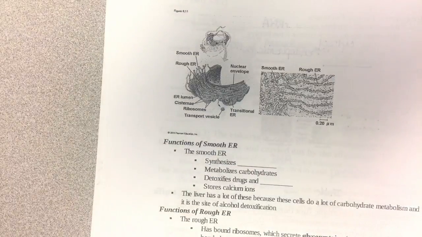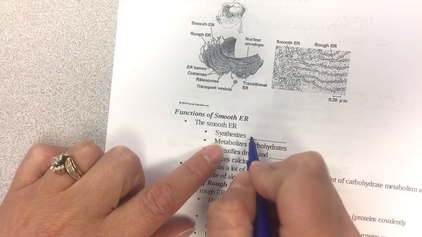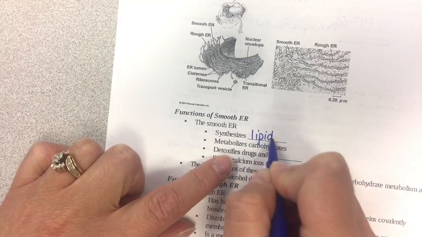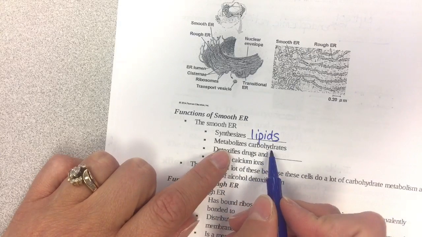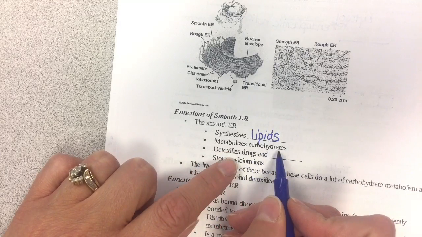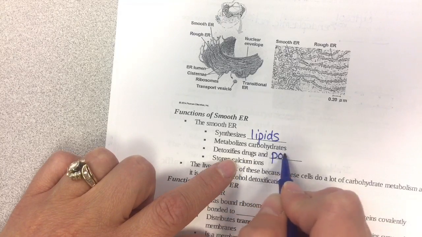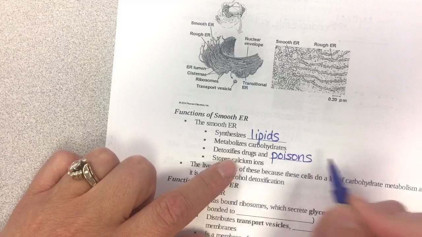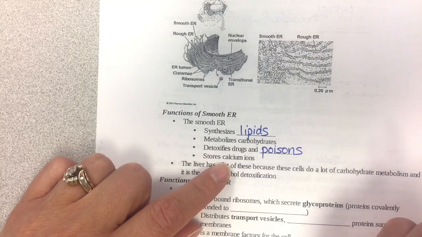What are the different functions of smooth and rough ER? So the smooth ER synthesizes lipids. So it makes lipids. It metabolizes, meaning it can break down carbohydrates. It detoxifies drugs and poisons, so it breaks them down so they become not toxic.